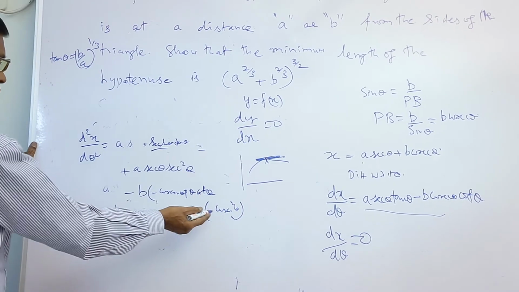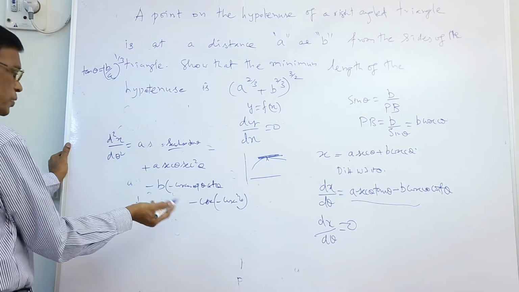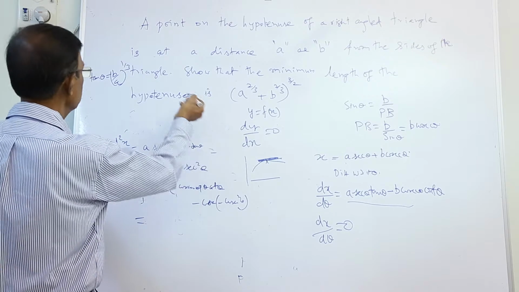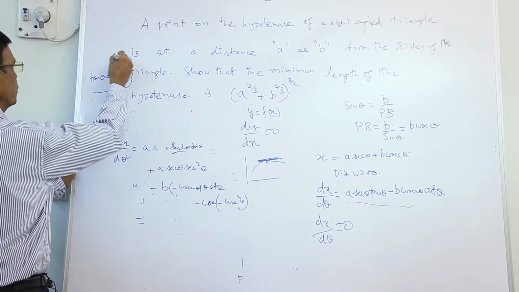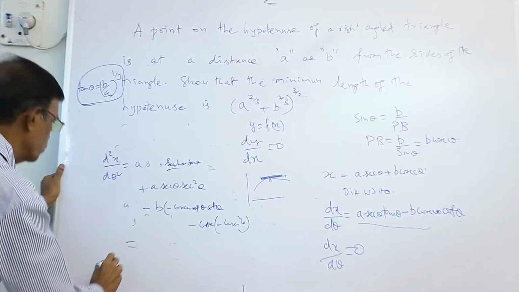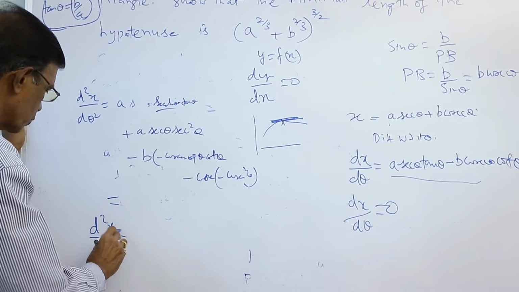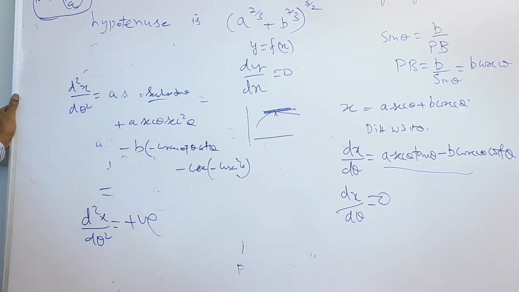So now minus plus everything becomes plus. So when you put tan theta equal to b by a, d squared x by d theta squared is going to be positive.